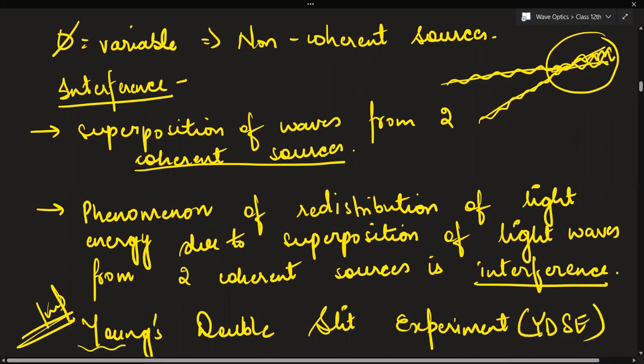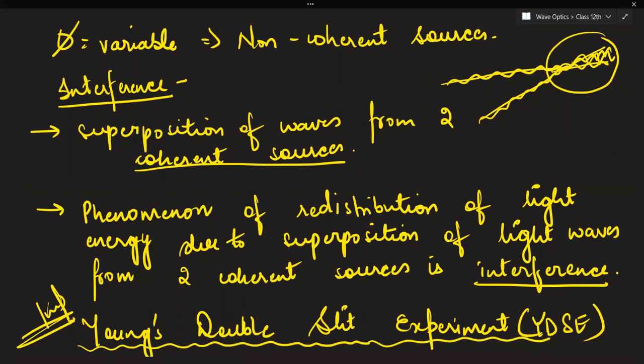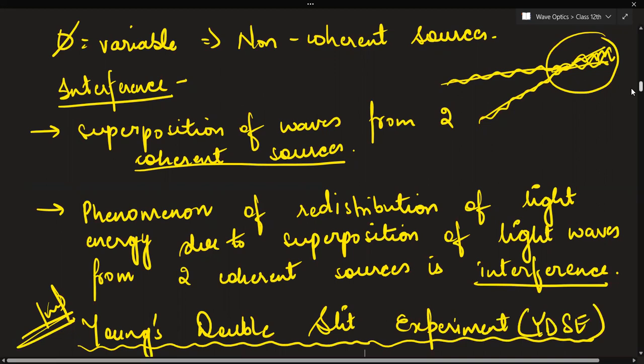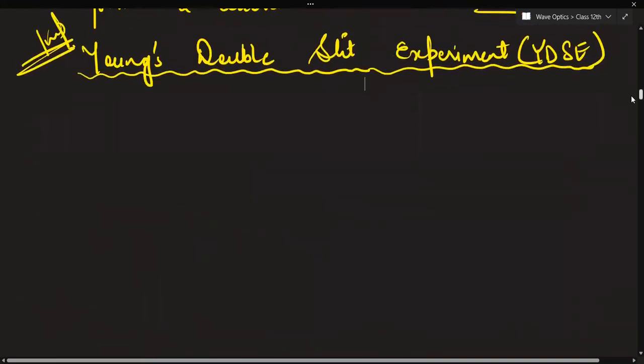This is very important. Young's modulus of elasticity, you must have heard of, it was there last year. Single slit also exists, but the double slit experiment is very important.